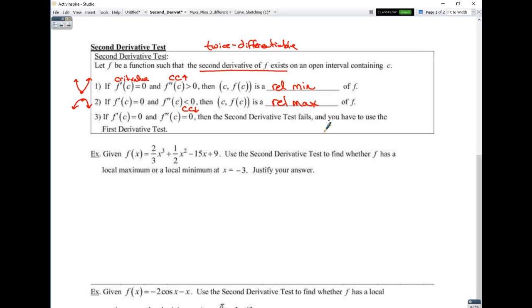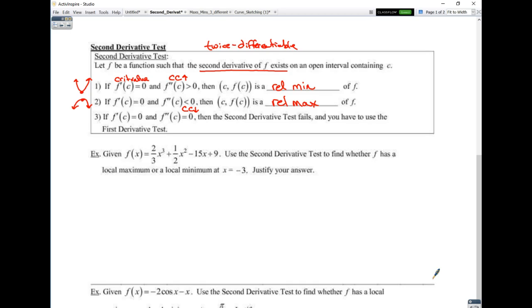This doesn't necessarily guarantee that there's not a relative max there. This is just saying, well, the concavity flattened out. But what if the concavity equaled 0, it was concave down to the left, hit a concavity of 0, and then continued to be concave down? Well, at that spot, we're not sure what the concavity is, so we can't really guarantee its concavity.